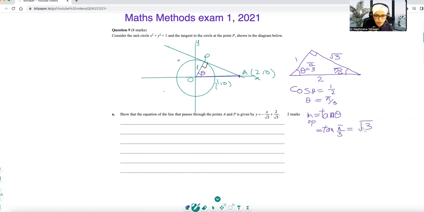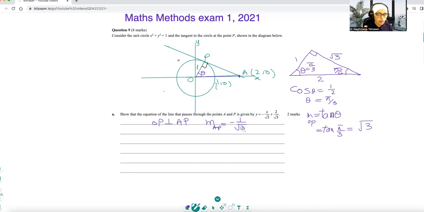That information helps us see that the line OP is perpendicular to AP. If they're perpendicular, the gradient of the line AP is the negative reciprocal of the gradient of OP, which is -1/√3.